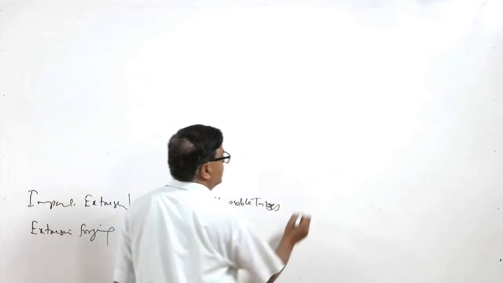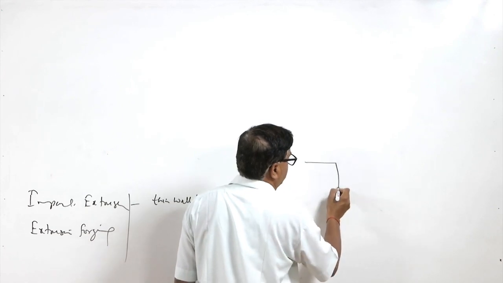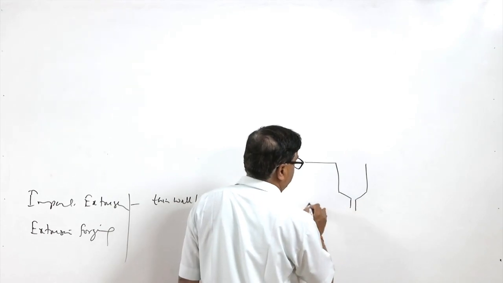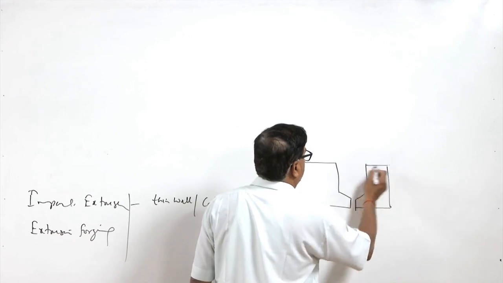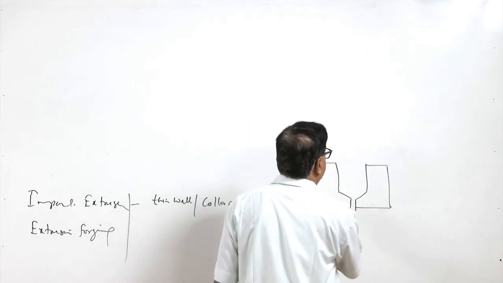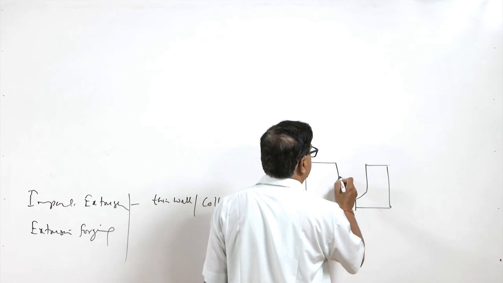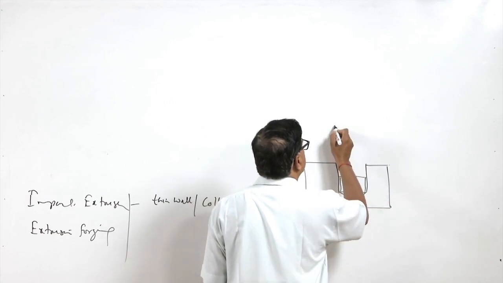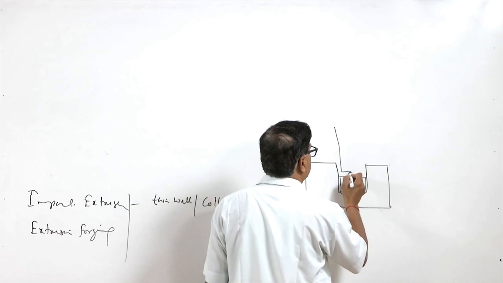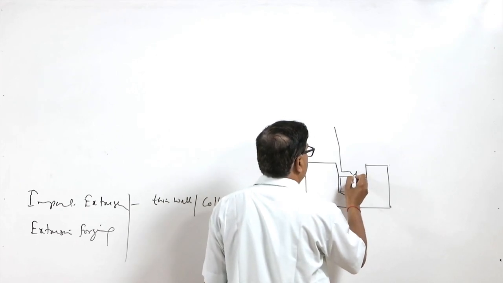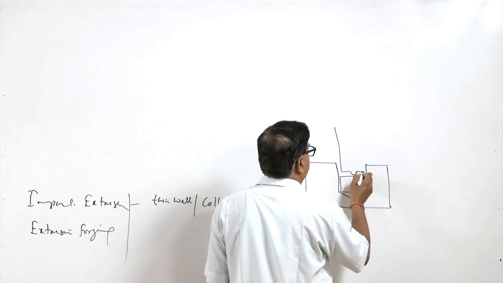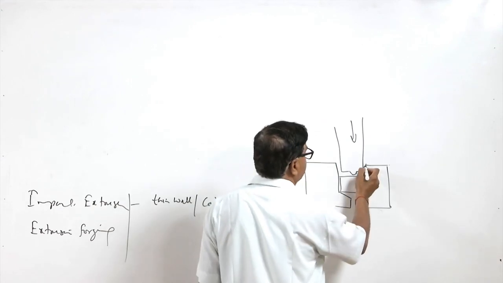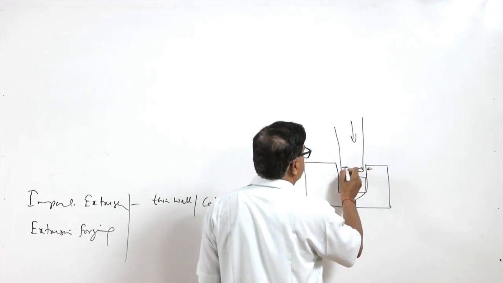So, here what is done basically, this is the die, this is the opening, this is how the metal is placed initially, and this is the punch. When the punch moves in the die, there is some gap between the die and punch on both sides.